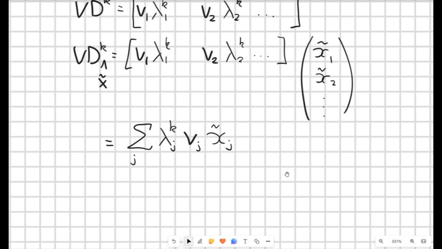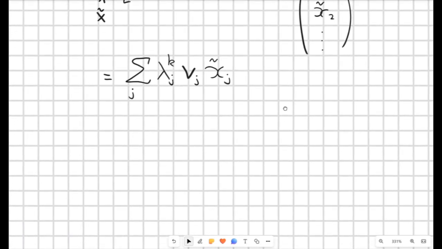And what we're going to do now is extract from that the largest eigenvalue. So we're going to assume that lambda 1 is the largest eigenvalue. So when we say we're looking for the dominant eigenvector, it means we're looking for v1 essentially. So all I'm going to do is take that outside of the summation.